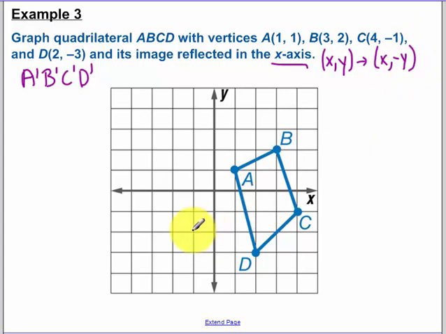Opposite variable becomes negative. So A prime is going to become the point 1, negative 1. B prime becomes the point 3, negative 2.